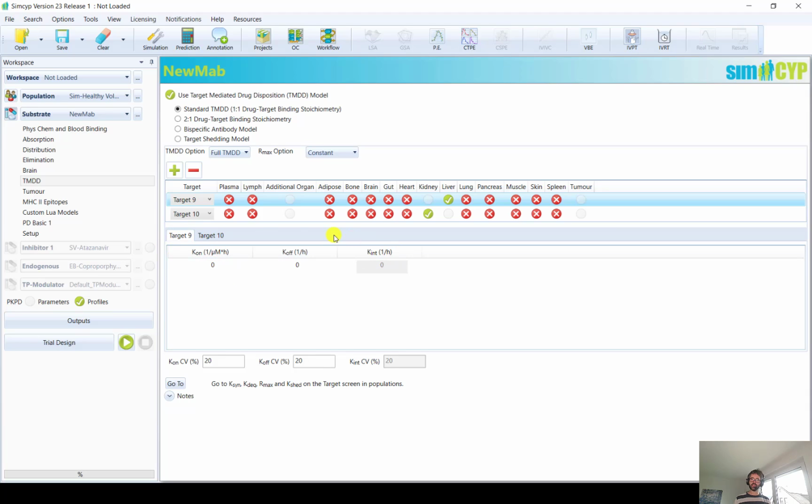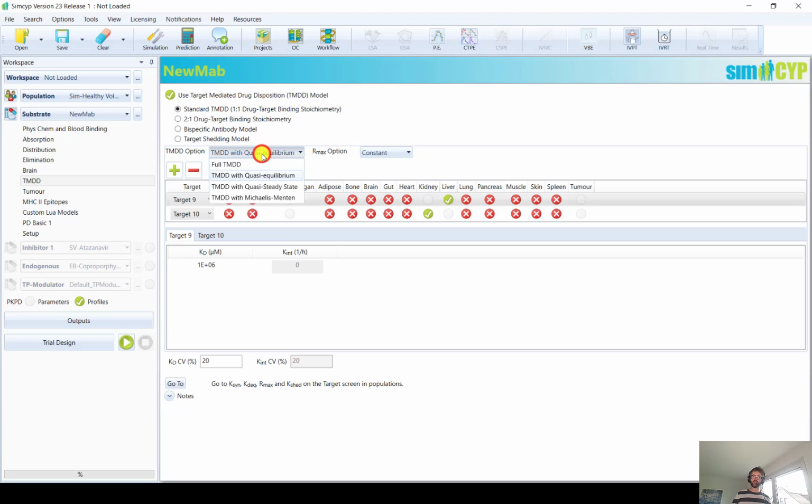Now we have our binding parameters. If you're selecting the full TMDD model, we have to enter an association and a dissociation rate constant. And this model selection is the same independent of how many targets we have chosen. If we have only a KD value, we can use the quasi-equilibrium approximation that assumes an instant equilibrium at the beginning.